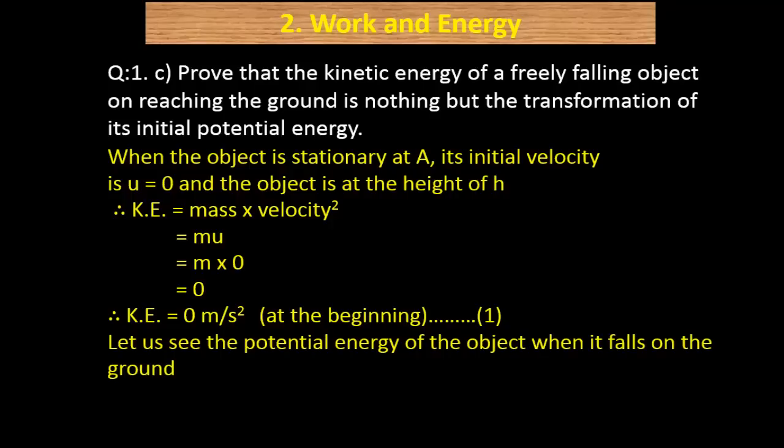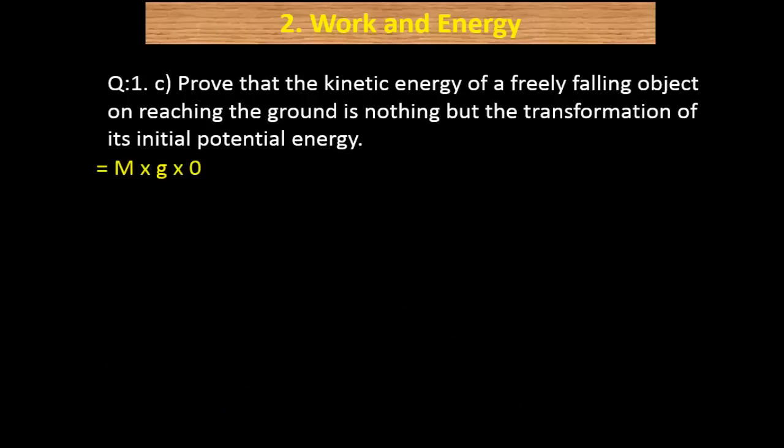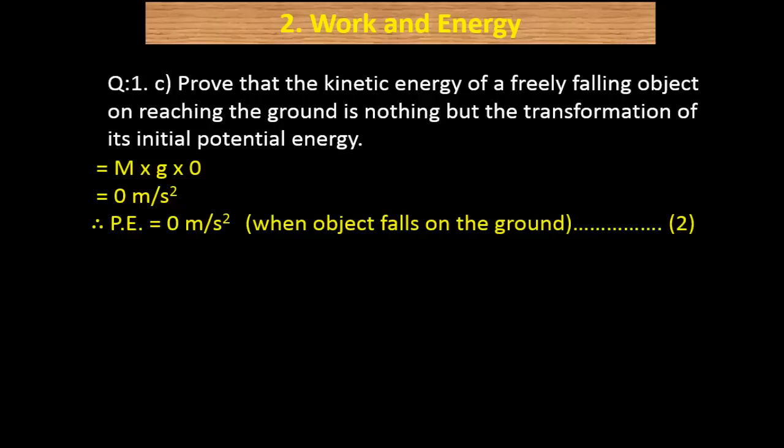Let us see the potential energy of the object when it falls on the ground. When it falls on the ground, its height is equal to 0 meter. Therefore, Pe is equal to mgh, which is equal to m multiplied by g multiplied by 0, which is equal to 0. Therefore, Pe, potential energy, is equal to 0 when the object falls on the ground, equation number 2.